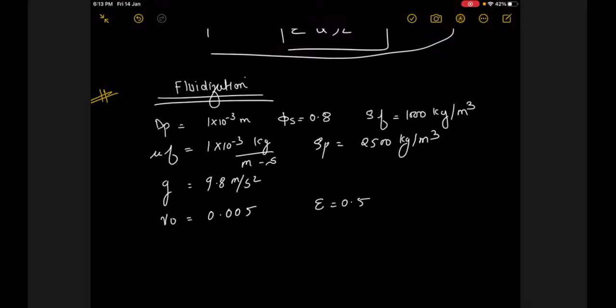Okay. So you have to calculate the ratio of viscous loss to kinetic energy loss.